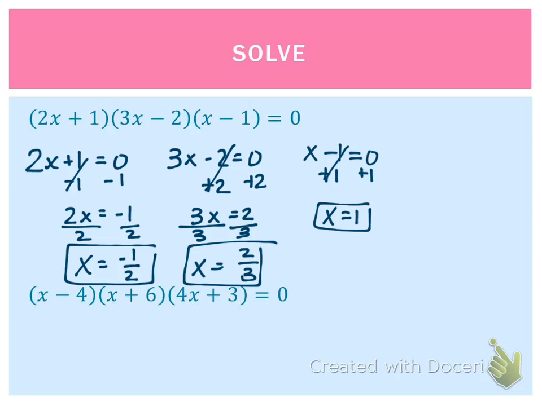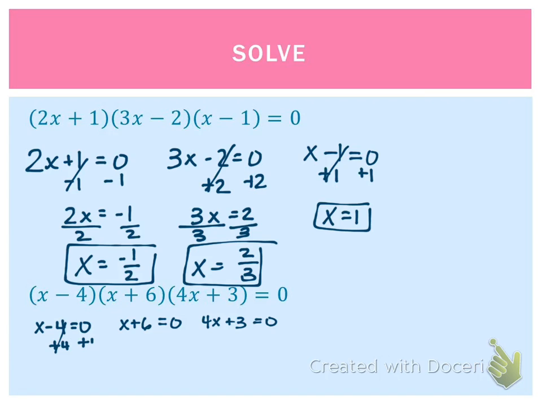Okay, so the last one that we have, we're going to do the exact same thing. X minus 4 is equal to 0, x plus 6 is equal to 0, and 4x plus 3 is equal to 0. Solve for x in each of these.